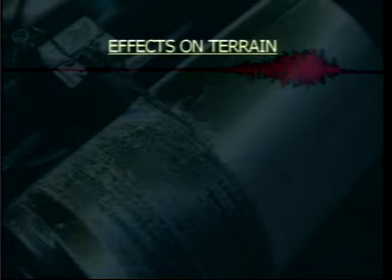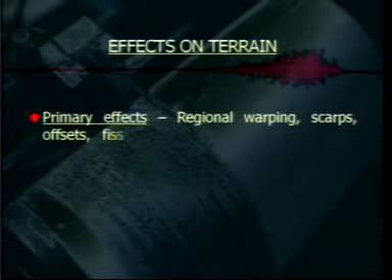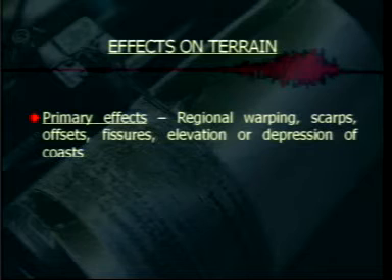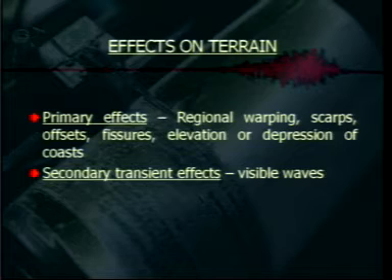Now, let us see these effects on terrain. On terrain, the primary effect may be regional warping, scarps, offsets, fissures, or elevation or depression of ground or of the coast. The secondary effects, the transient ones, are visible waves.